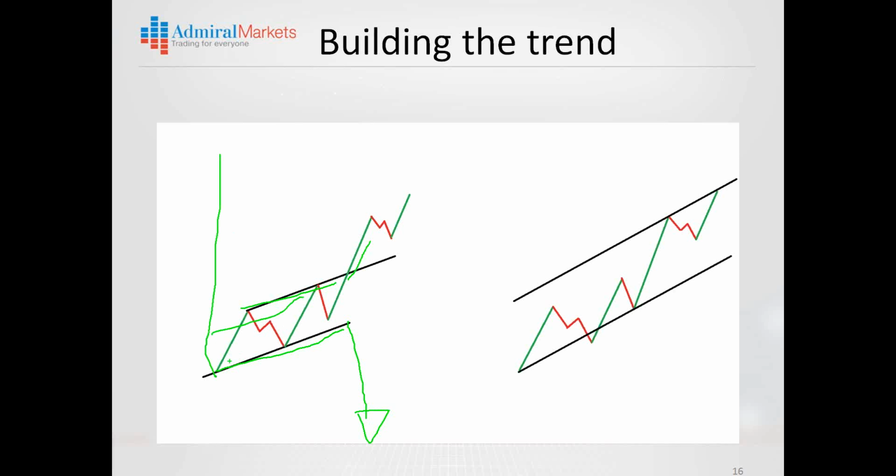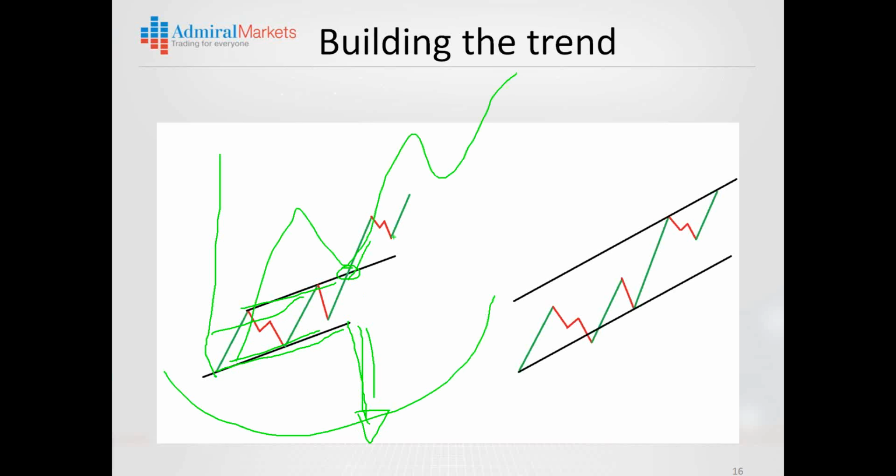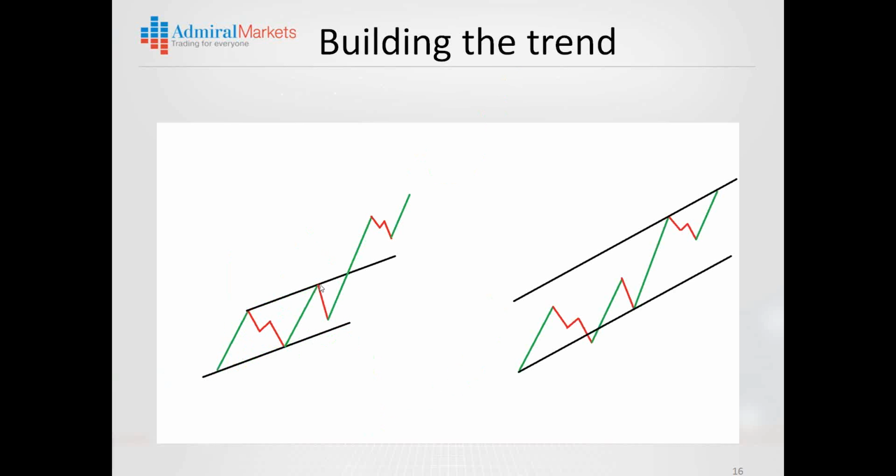This was just maybe a correction, and it continues to the downside. Why would you want to see the break of this upside channel? It's just to prove that we are indeed turning and that the trend is expanding to the upside. If it doesn't do that, then we still might see that break to the downside. We always want to be careful about that.